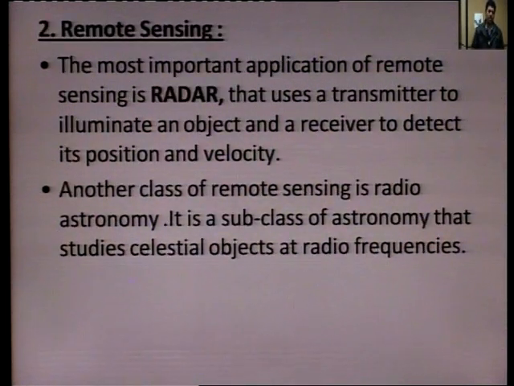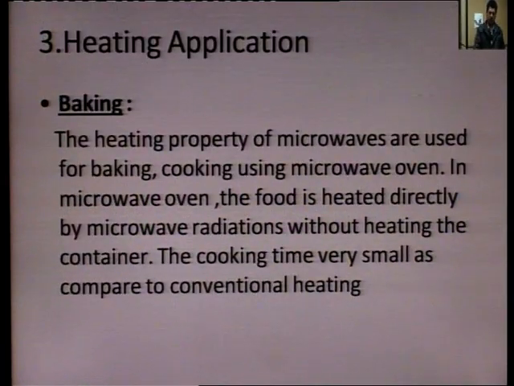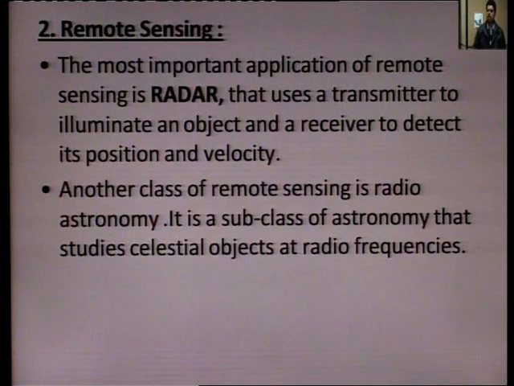Now, the next application is remote sensing. The most important application of remote sensing is radar, which uses a transmitter to illuminate an object and a receiver to detect its position or velocity.